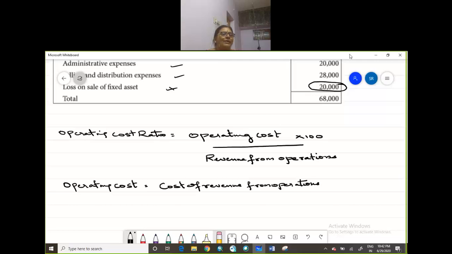Operating cost is cost of revenue from operations plus operating expense. So, what is cost of revenue from operations?